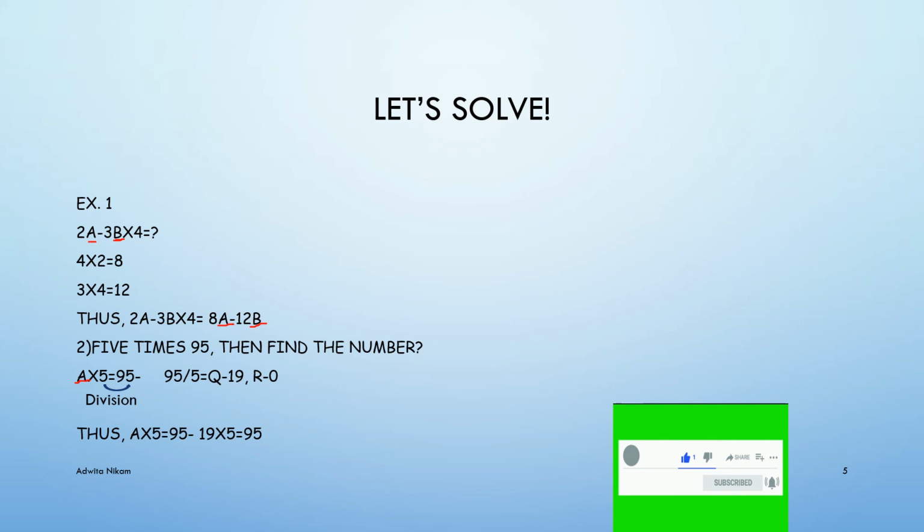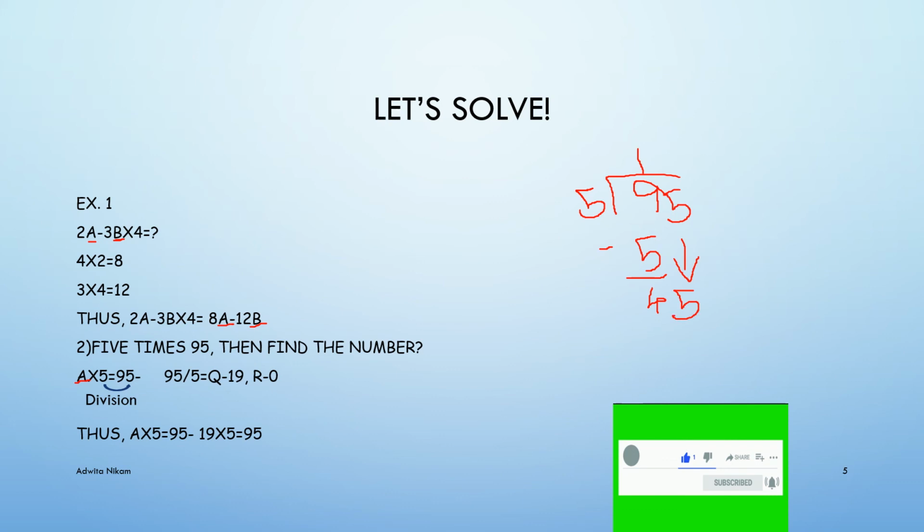Let's check it. Okay, so 95 divided by 5. So 5, how many times is in 9? Yes, 1. 5 ones are 5. So 9 minus 5, 4. And 5 will come down, 45.